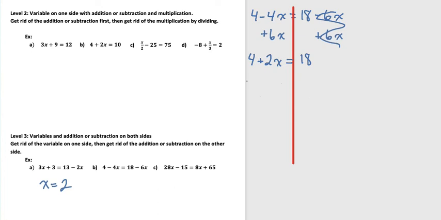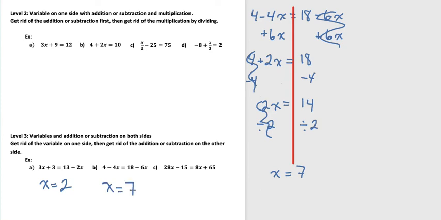It's a positive 4, so we'll subtract 4 from both sides. So those go away. We have 2x equals 18 minus 4, which is 14. And then finally, divide by 2 to get rid of this multiplication. And we're left with x equals 14 divided by 2, which is 7.